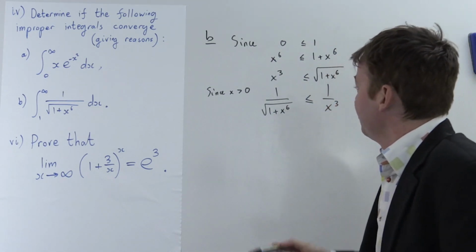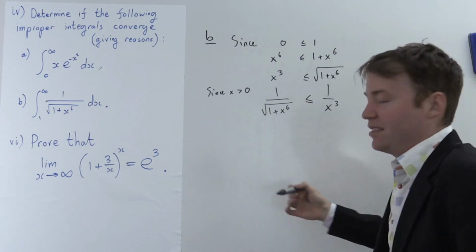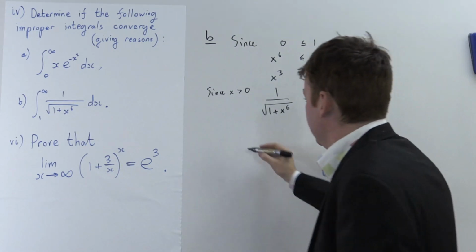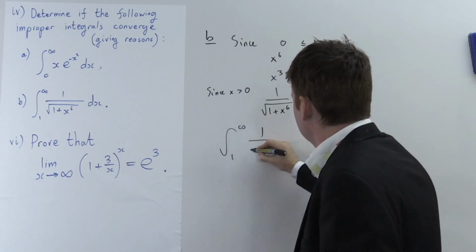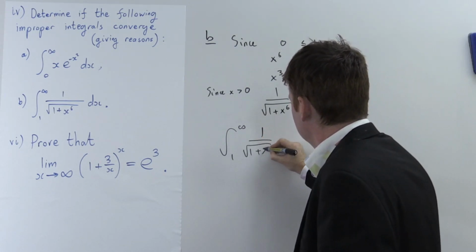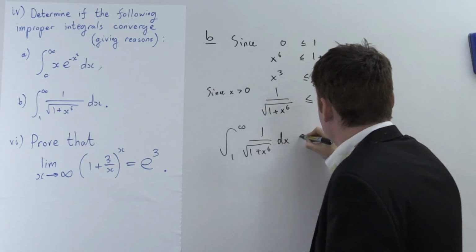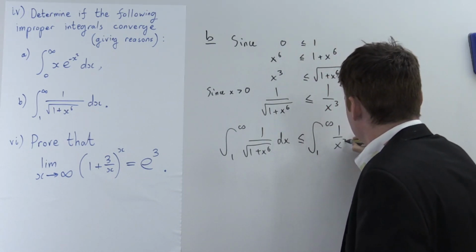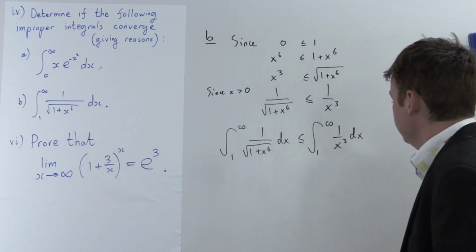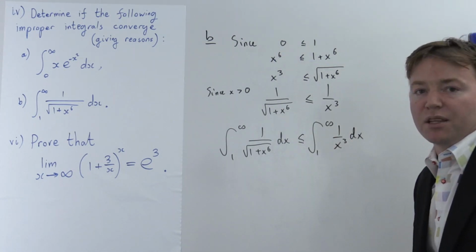So since this is bounded by this, then I can integrate both sides, and I get that the integral between 0 and that, which you can say is finite by the p-test.